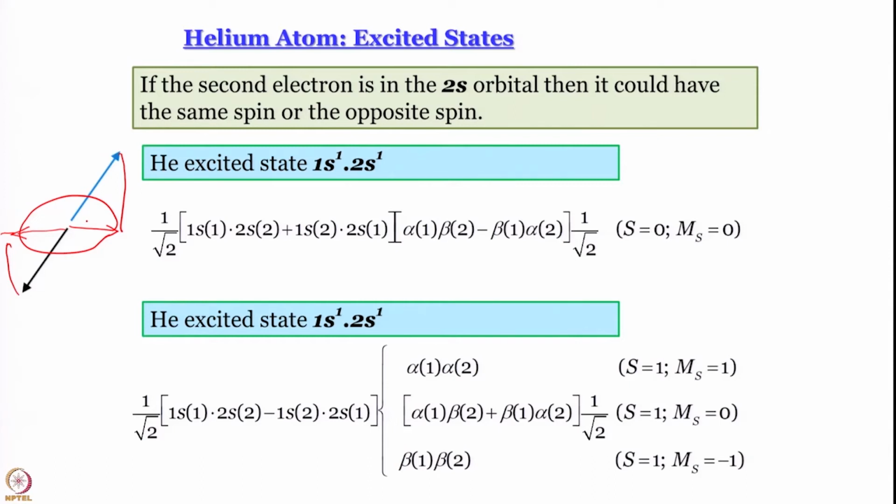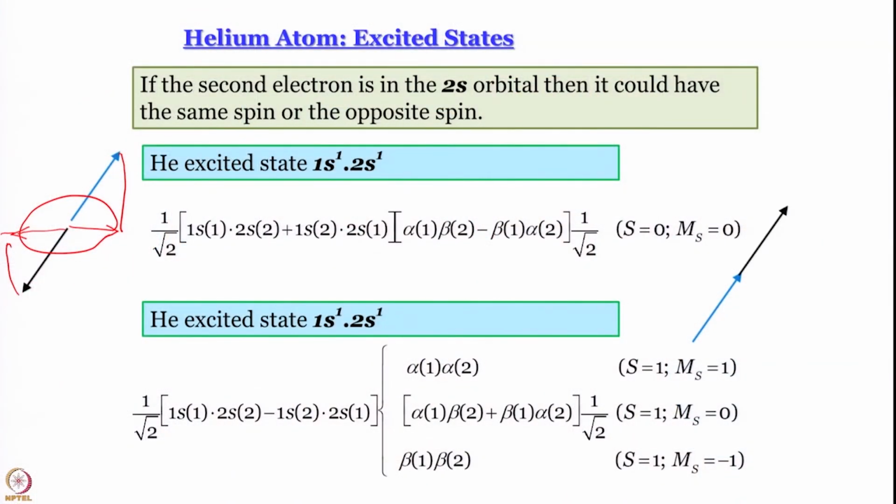Next, let us look at this S equal to 1 business. Here the vector model is something like this. S equal to 1 means what? It means that the total length has to be 1, they have to add up.